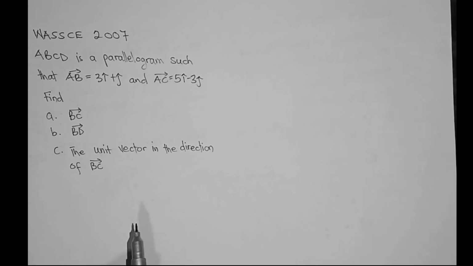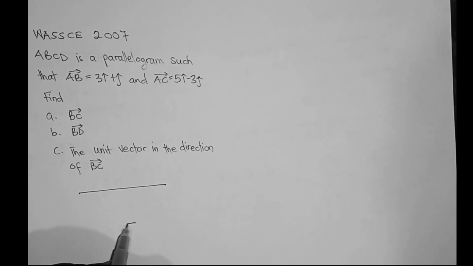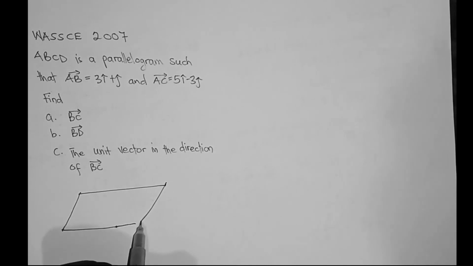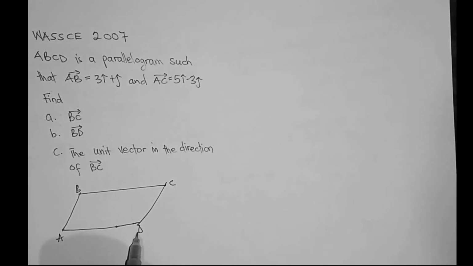So let's draw a parallelogram. Let's assume this is a parallelogram A, B, C, D. So now it says that AB is 3i plus j.